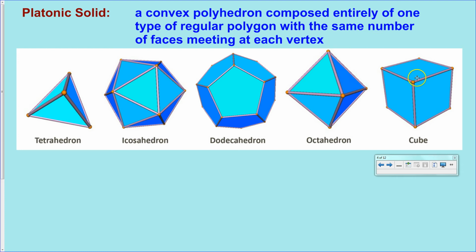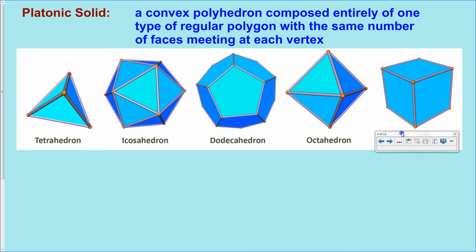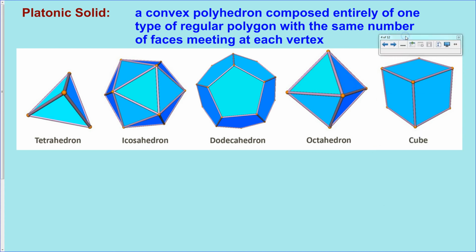So if you look at each vertex, there's 3 faces meeting it. This vertex, there's 3 faces meeting it. This vertex, there's 1, 2, 3, 4, 5 faces meeting there.